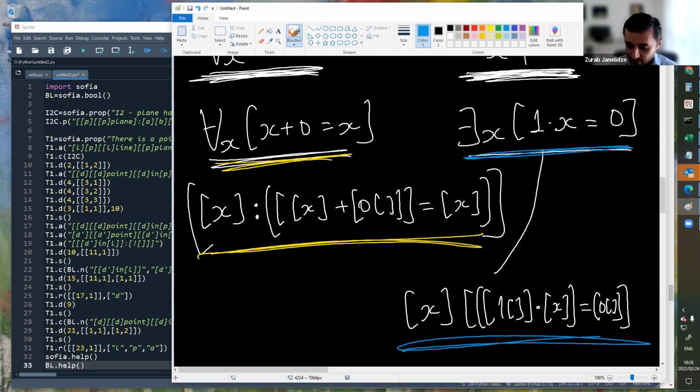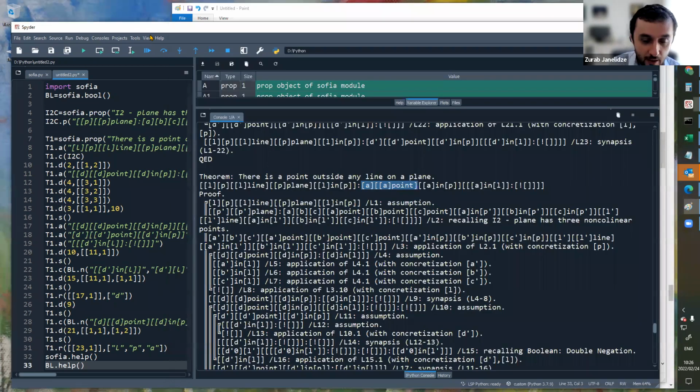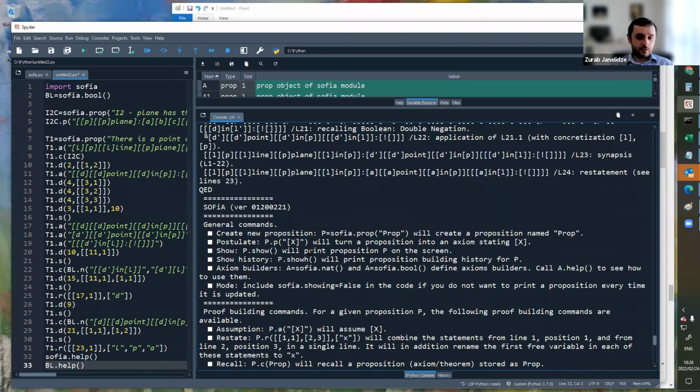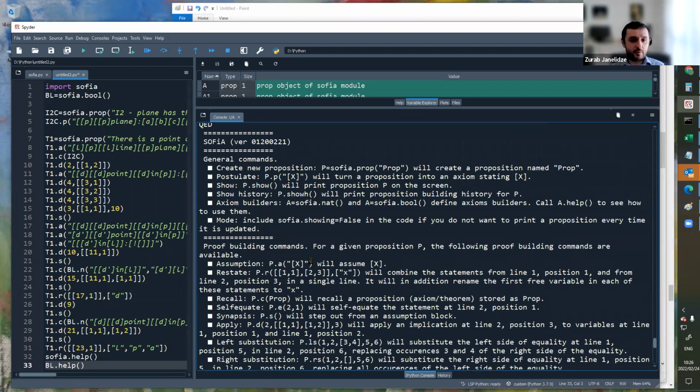So the question is, where do we go from here? Sophia is, as I said at the beginning of these lectures, something that we started building in Stellenbosch. There are a few students involved in this project.